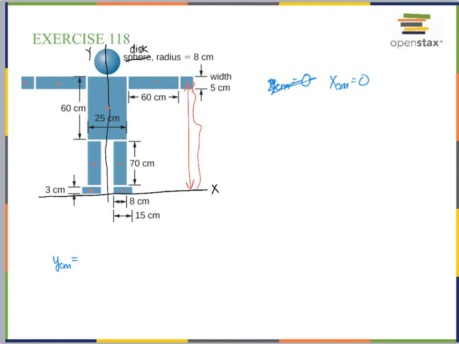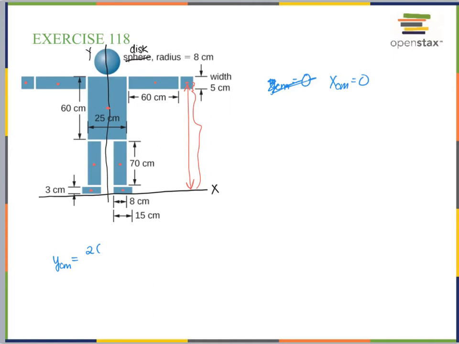So the first thing I'm going to start with is the feet. And there are 2 feet there. So I'm just going to write the 2, because if I would calculate the y center of mass of this whole guy, I would have to have a term for the left foot and the right foot. So I'm just going to put 2 because they're going to be exactly the same values. Now the area, I'm going to put the area first.